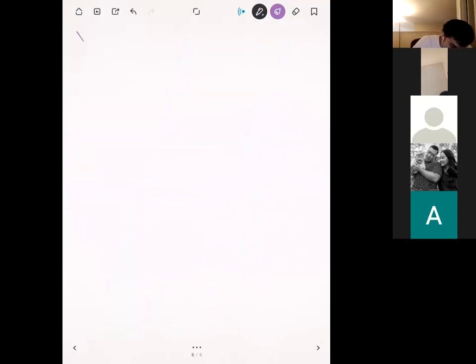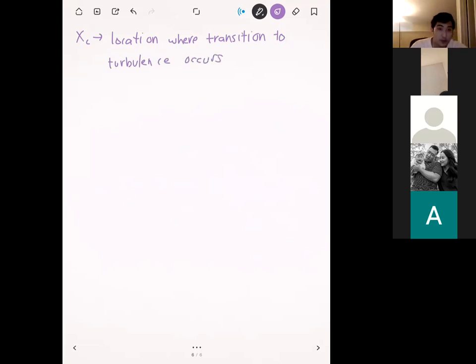All right, so xc, the location where transition to turbulence occurs. Okay. And remember, transition happens when your Reynolds number reaches 5 times 10 to the 5th, right?